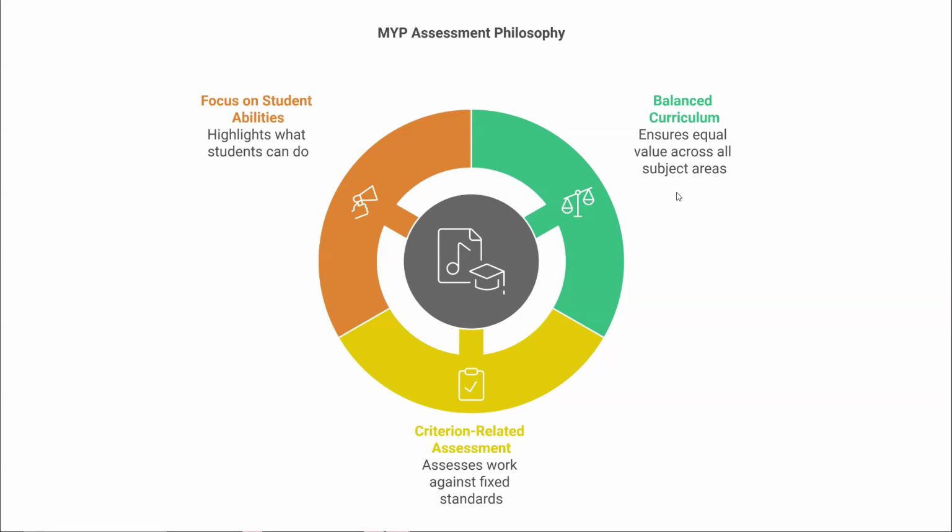But over here in the MYP, if you look at the MYP framework, art as well as physical and health education is one of the subjects in the MYP, and it has equal weightage. So the assessment philosophy of MYP is that there is a balanced curriculum, equal value across all subject areas.